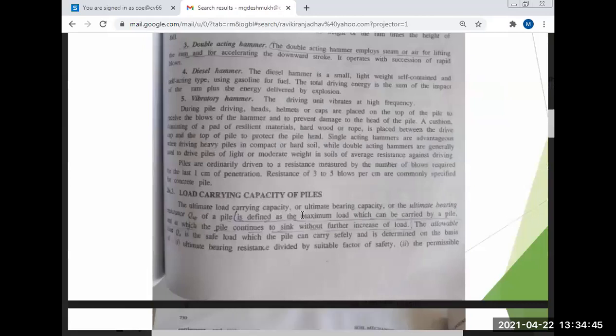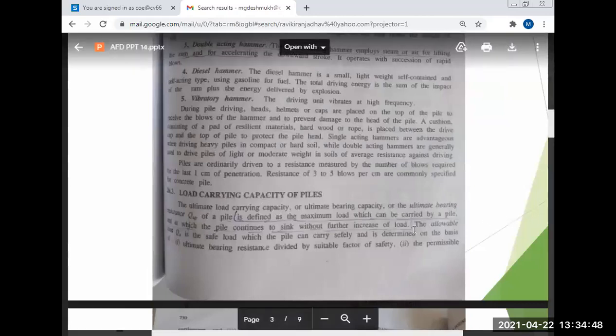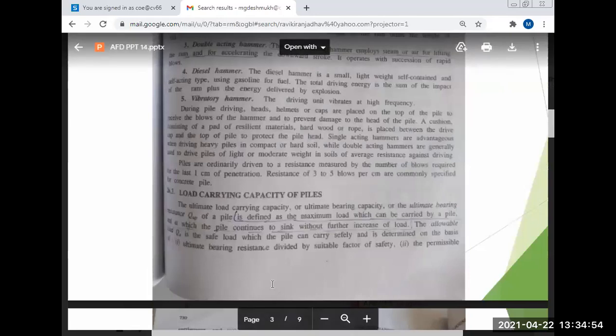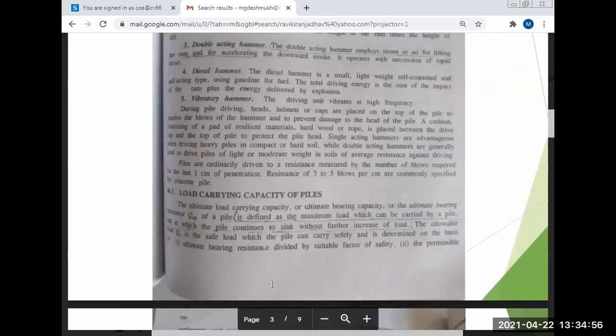The ultimate load capacity, or ultimate bearing capacity Qup, of a pile is defined as the maximum load which can be carried by the pile, at which the pile continues to sink without further increase of the load. Of course, the allowable load is equal to the ultimate load divided by the factor of safety.